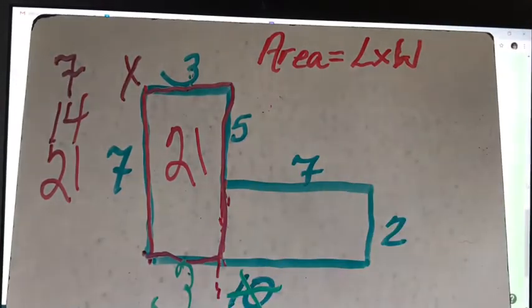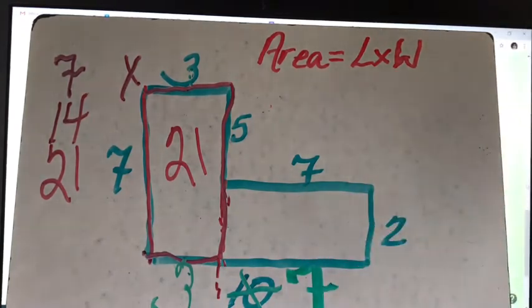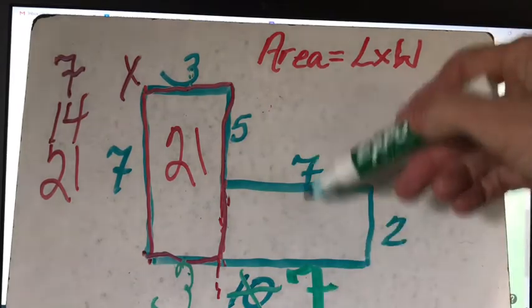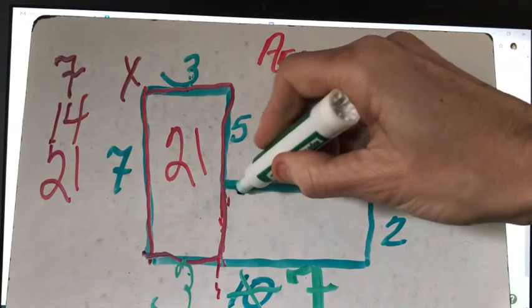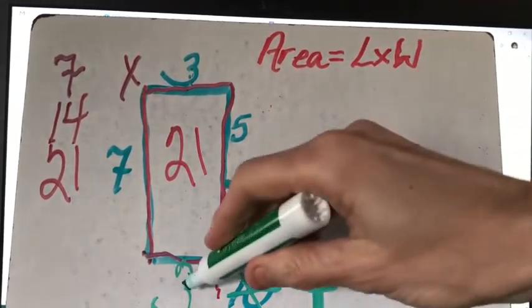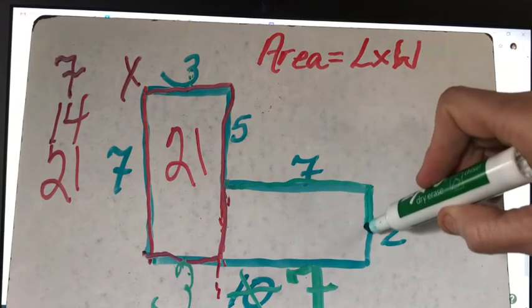And I have to say 3 plus what equals 10. 3 plus 7 equals 10. My opposite sides here, those work out. So now I'm going to do my length times width of this rectangle. And I have length is 7. I found out that's true here too. Opposite sides of a rectangle are the same.